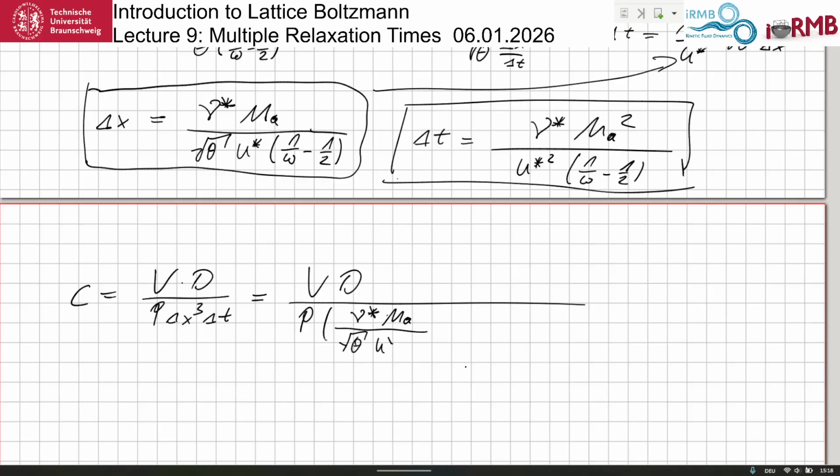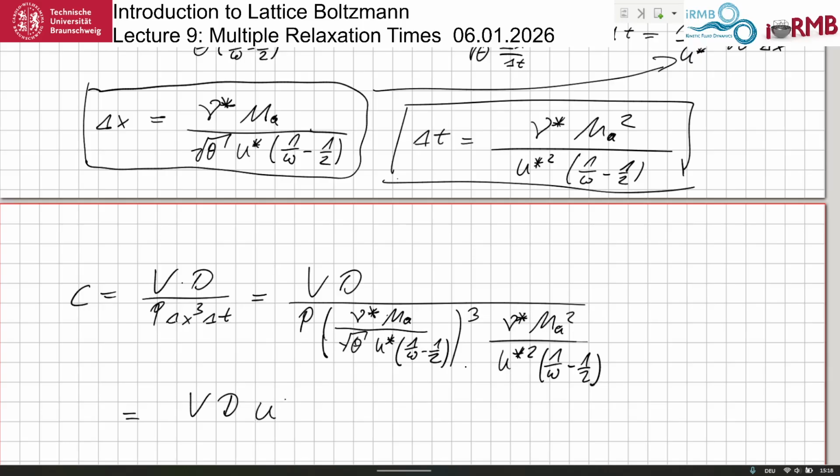Theta u, 1 over omega minus 1/2, and all of this to the third power, nu times Mach squared, 1 over omega minus 1/2. Okay, looks ugly, becomes this.